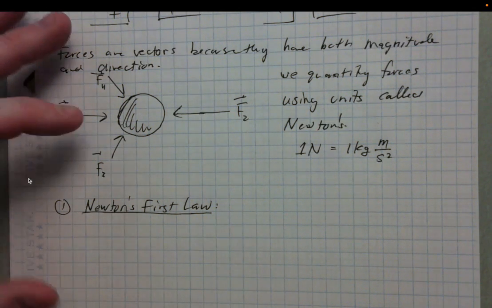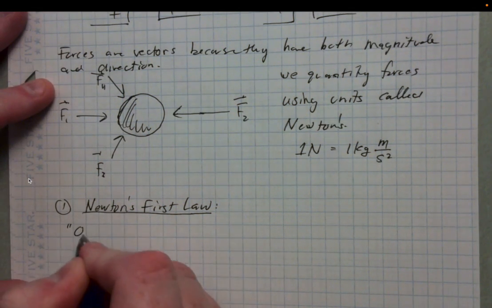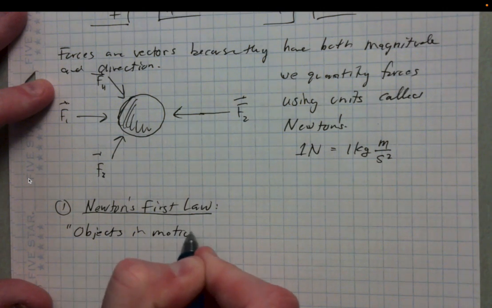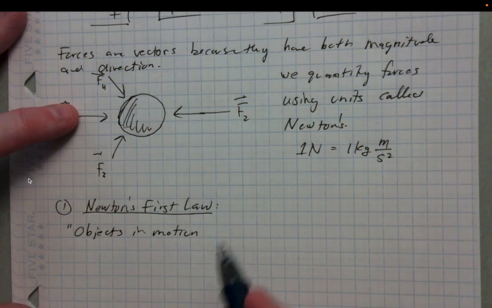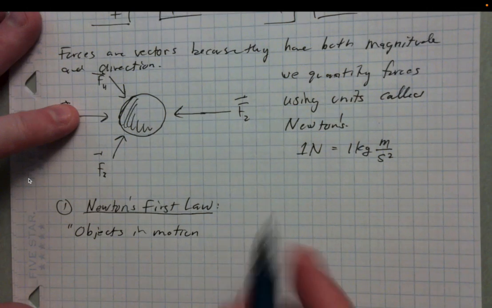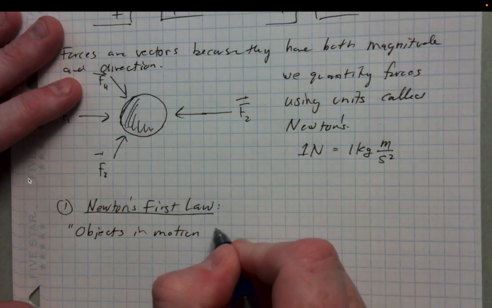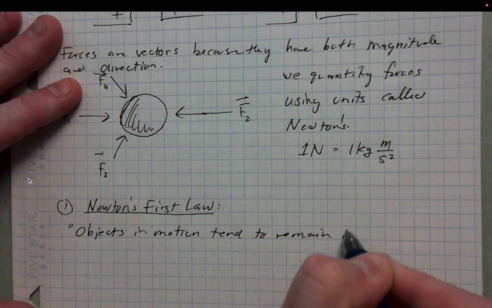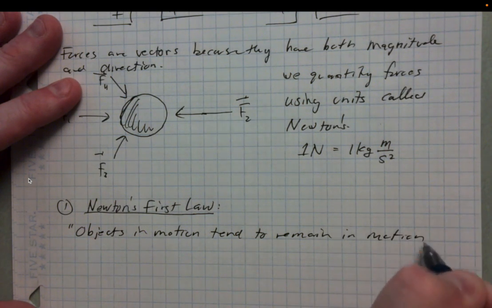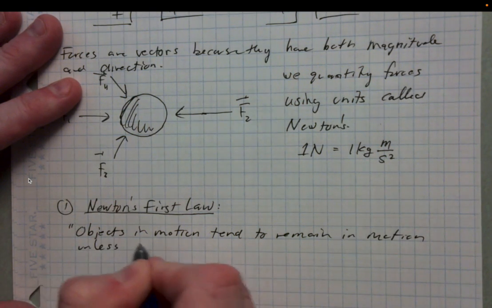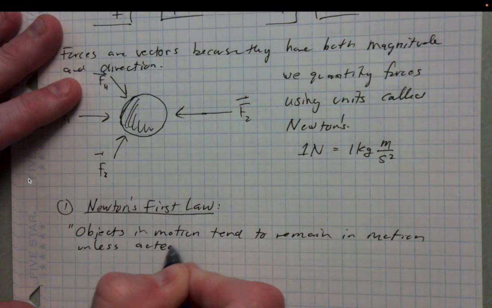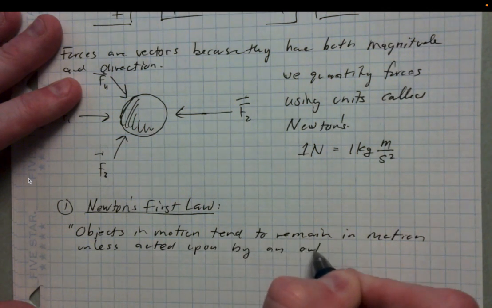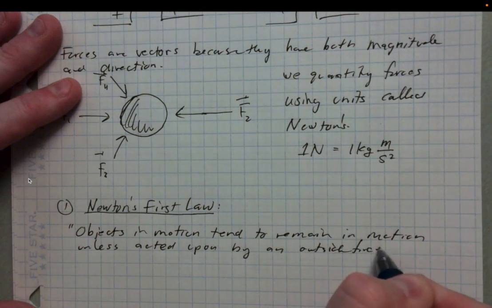But Newton's first law says that objects in motion, I'll write it out in its complete form, objects in motion tend to remain in motion unless acted upon by an outside force, right?